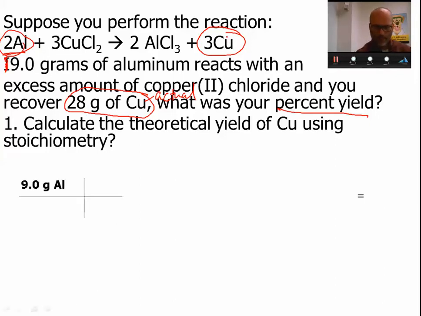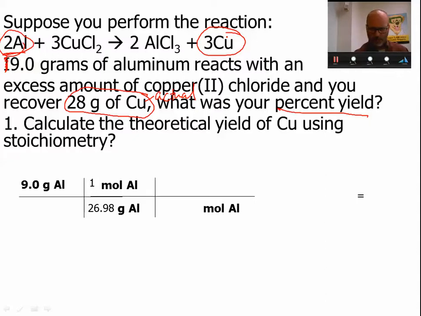So we are given 9 grams of aluminum. So we need to go from grams of aluminum to moles of aluminum. We know that in 1 mole of aluminum there are 26.98 grams. All right, now we need to go from moles of aluminum to moles of wanted, which in this case is moles of copper.